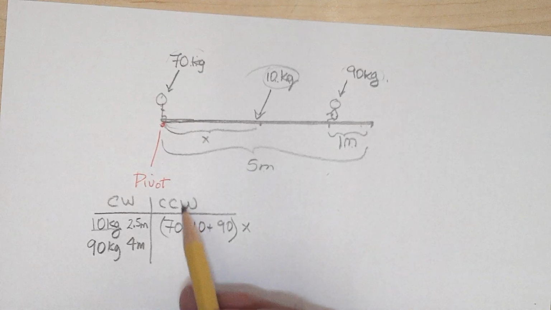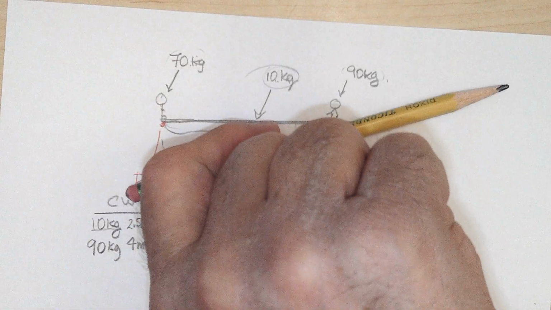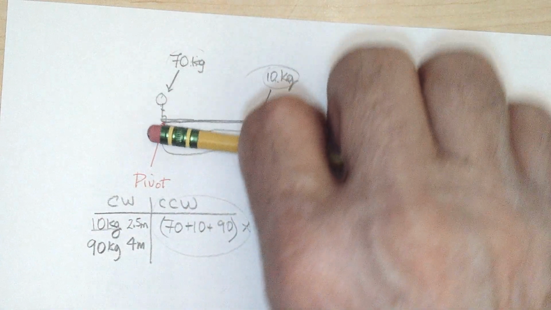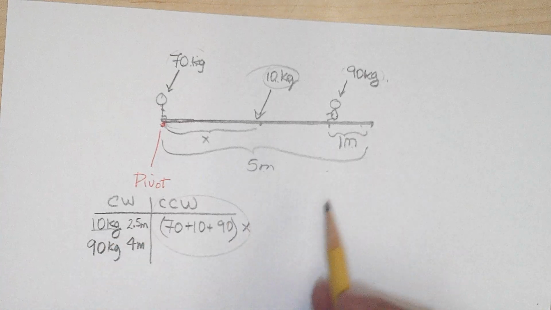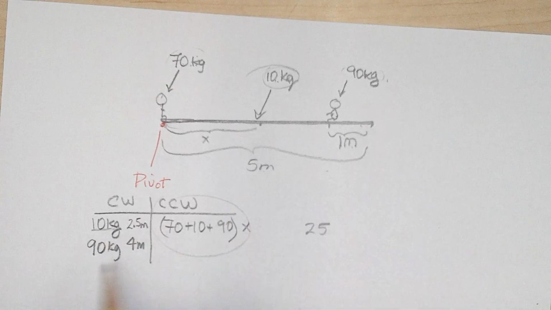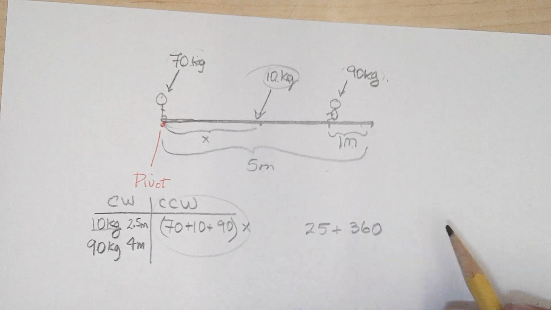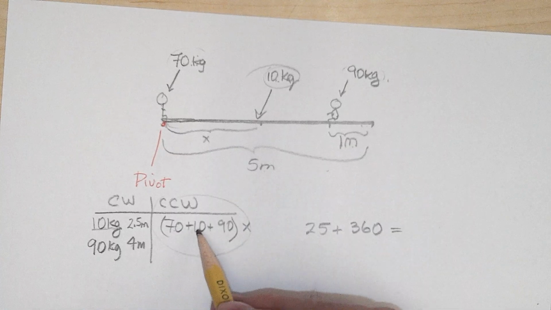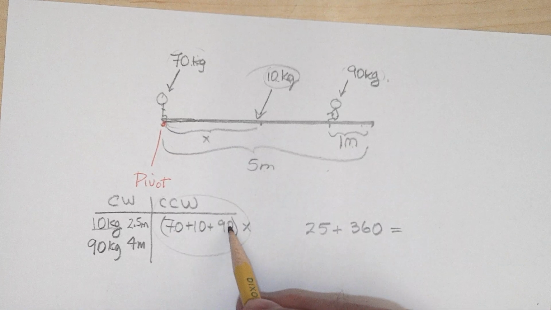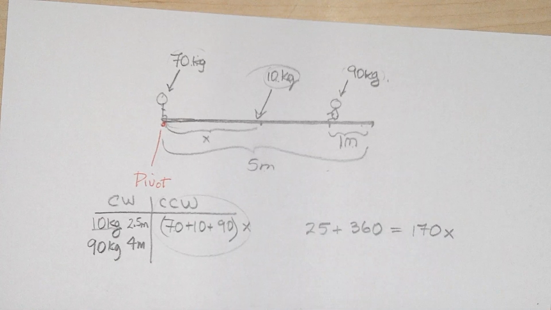To be in balance, the amount trying to push it counterclockwise has to equal the amount trying to push it clockwise. So 10 times 2.5 is 25, plus 90 times 4 is 360, has to equal 70 plus 10 plus 90, which is 170, times x.